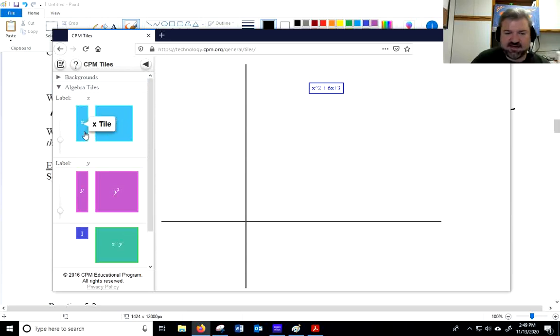If I have an x tile, it has an area of x because the length is x and the width is 1, and x times 1 is just x. So an x squared tile will have a length of x and another length of x, so it makes a square of area x squared. So I'm just going to put that right there. So that's my x squared.